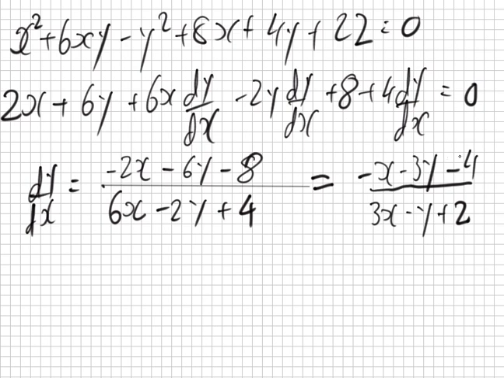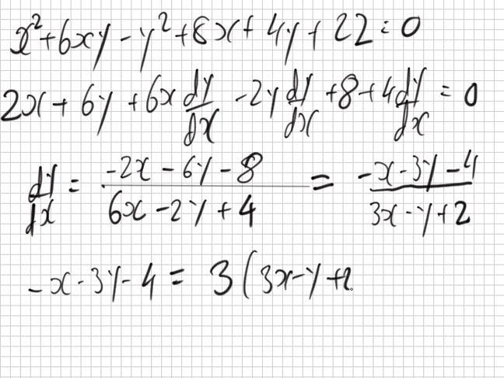So that means this whole thing here is equal to 3. So I get minus x minus 3y minus 4 equals 3x minus y plus 2. What I did was I said this is equal to 3, and I just brought the denominator up. When I expand, I'll get on the right 9x plus x, 10x, minus 3y.